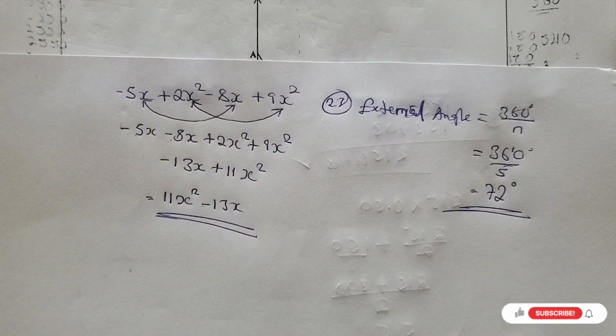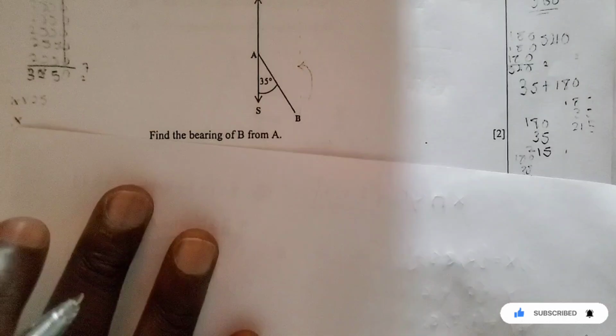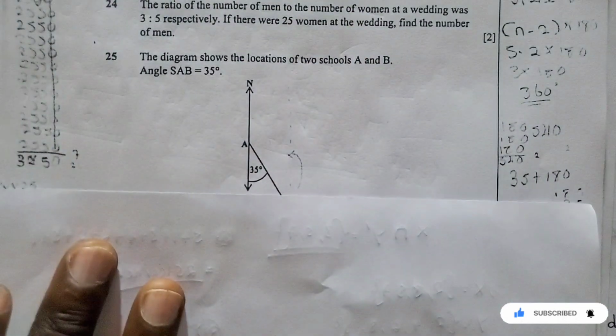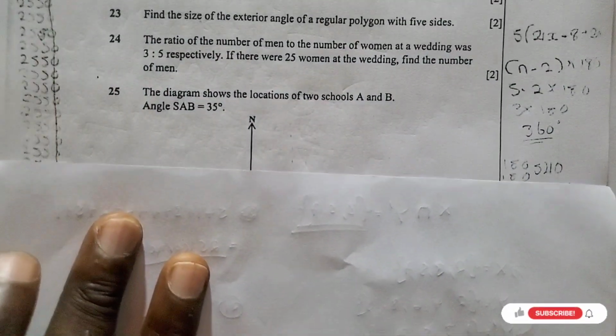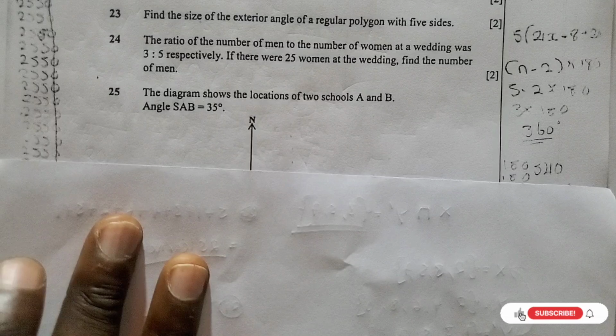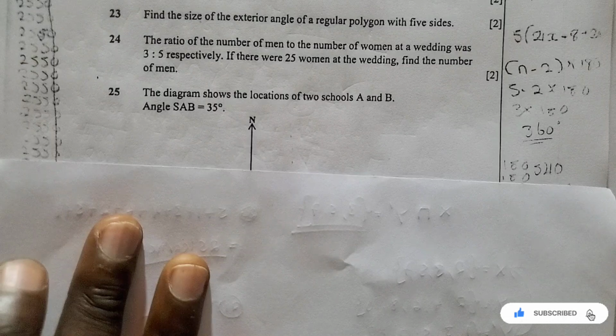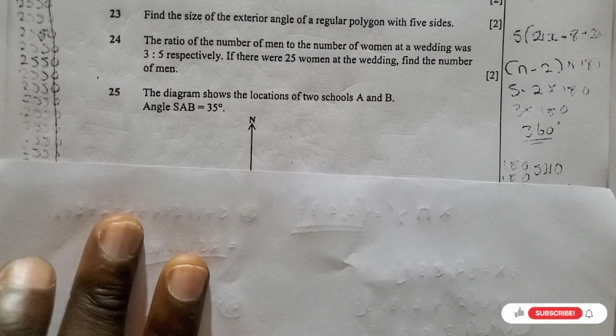If there were 25 women at the wedding, find the number of men. So what we're going to do here, check carefully the question 24, like I already read.